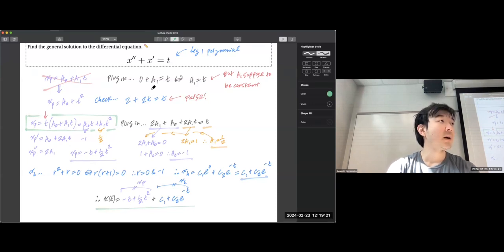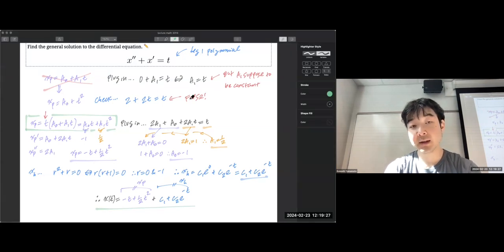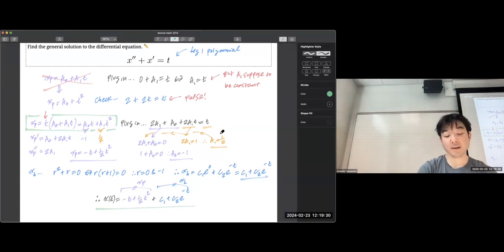But you can also see if something bad is going to happen. If you notice there is a term in the solution, this capital A0 term, and then you compute the homogeneous solution, which has 2 terms, and one of them is a C1.